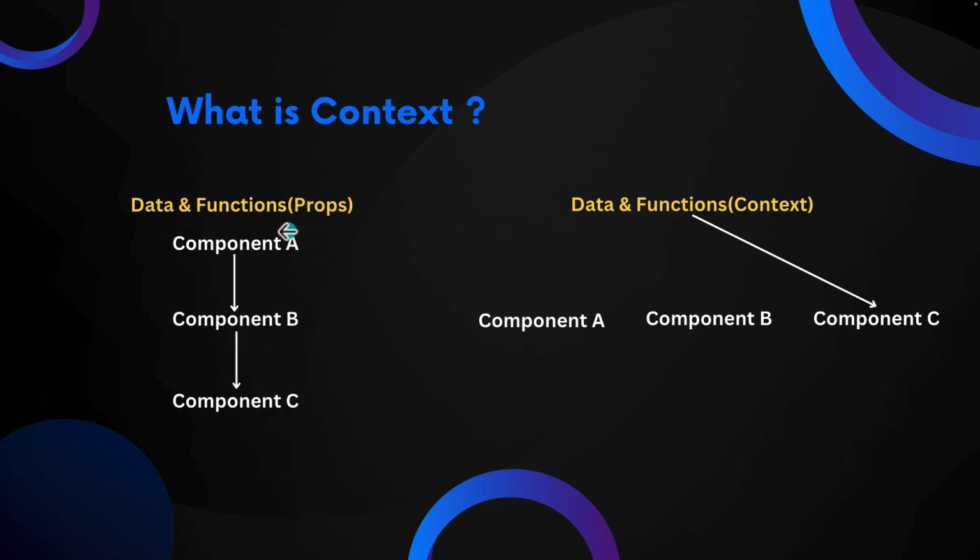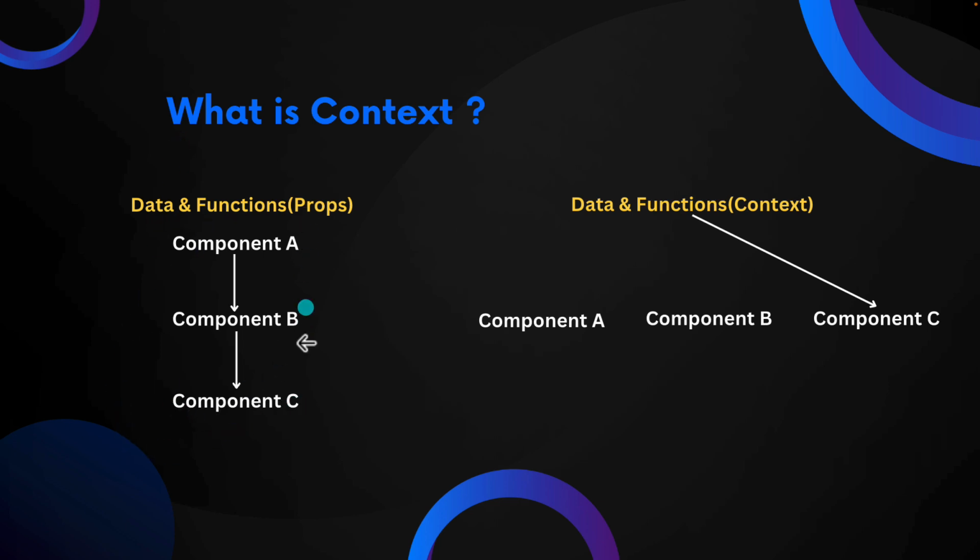So we create the data and functions in component A, then pass them as props to component B, and ultimately from component B we pass them to component C, and we can use them inside component C.